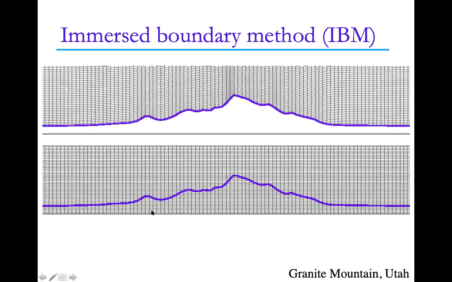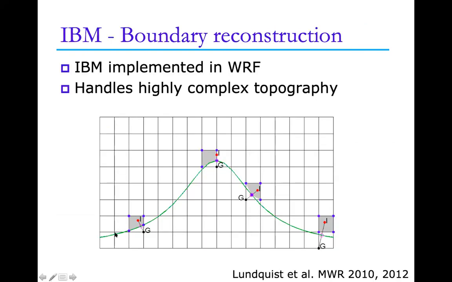And you see there's a background Cartesian grid, and the topography is overlaid or embedded, immersed in that background Cartesian grid. So the way this works is to look at the cut cells, the cells that intersect with this immersed boundary, and you find ways to apply boundary conditions near the cut cells.